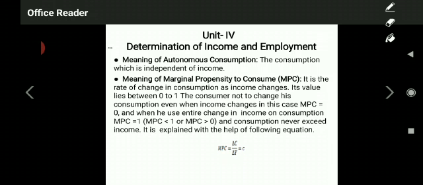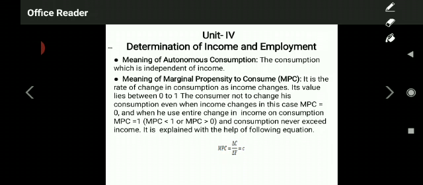As income changes, what happens to our consumption pattern? It goes on changing. But consumption does not always depend on income, and sometimes it does depend.